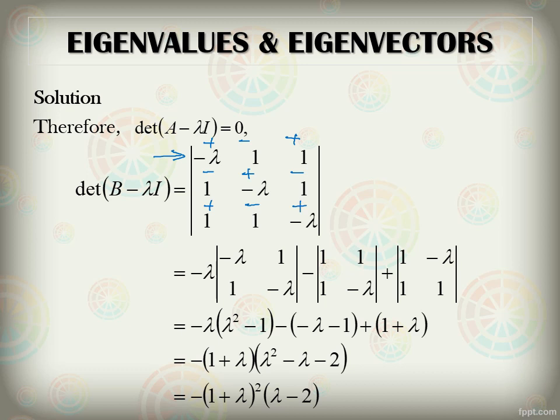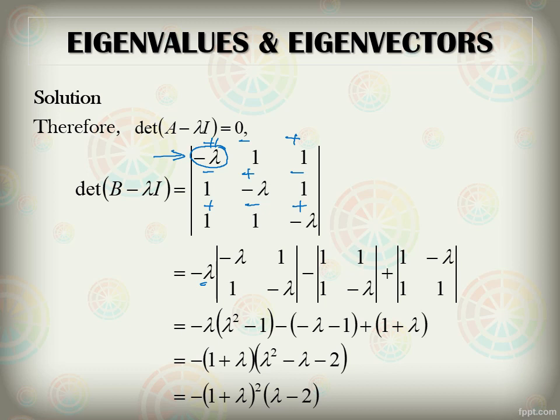Alright, so what is the corresponding value of the first element? The first element is negative lambda. Positive 1 times minus lambda is minus lambda, and the corresponding submatrix is minus lambda, 1, 1, minus lambda.